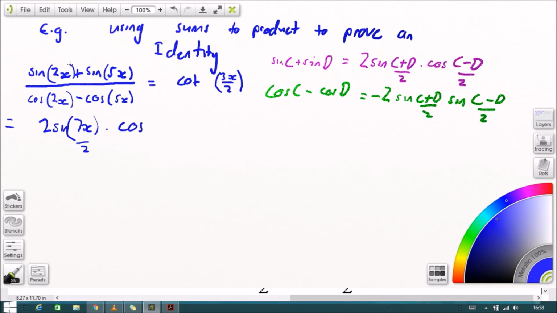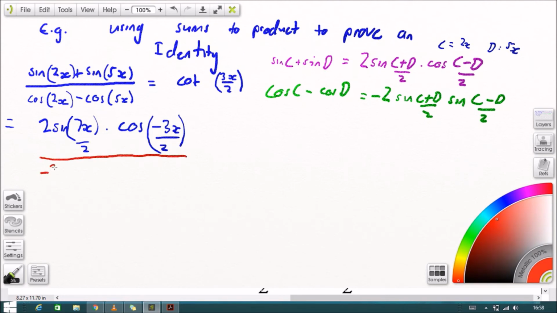C plus d is 7x, divide by 2. Cos of c minus d is negative 3x over 2, because c is the 2x and d is 5x. Right, we'll just do the same for the bottom.